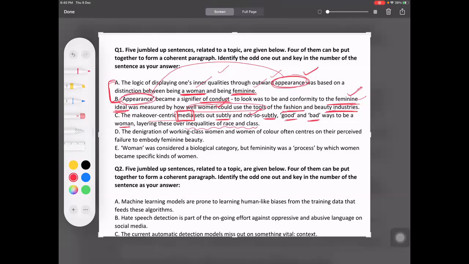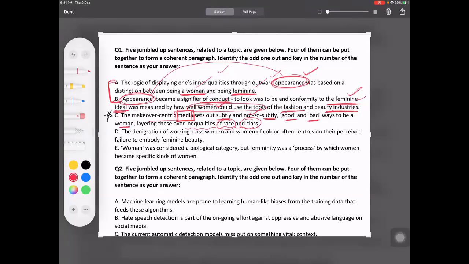How the media depicts a woman in terms of difficult, non-difficult, good, bad, in terms of race and class, is something different from what was talked about in A or B option. So we'll definitely mark it and keep it separate. Maybe D or E option will be related to it.